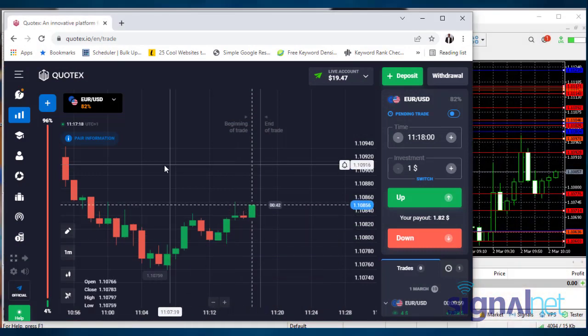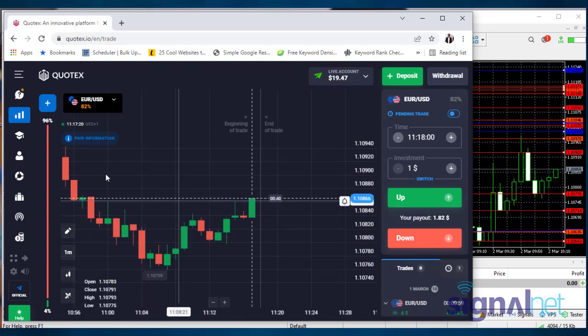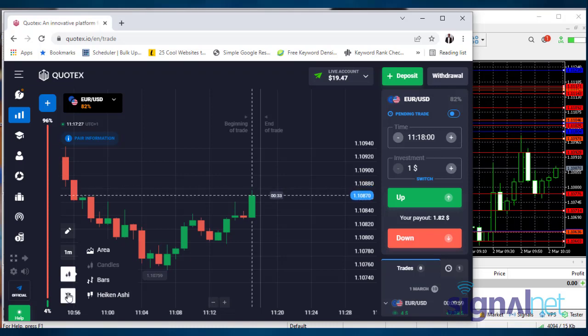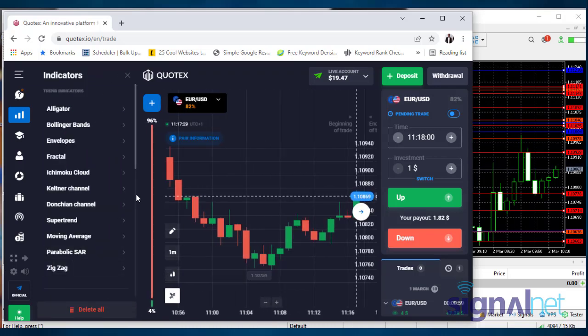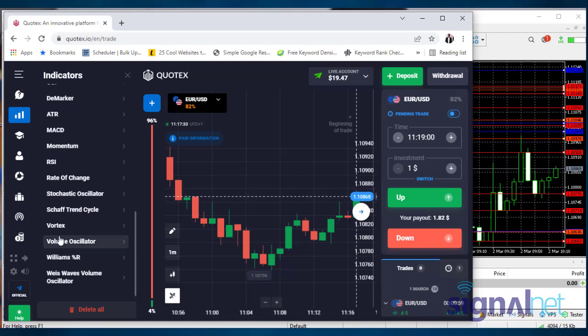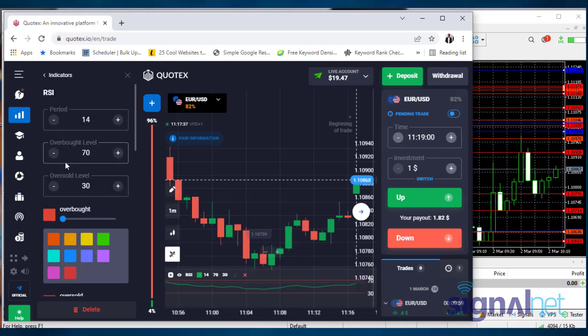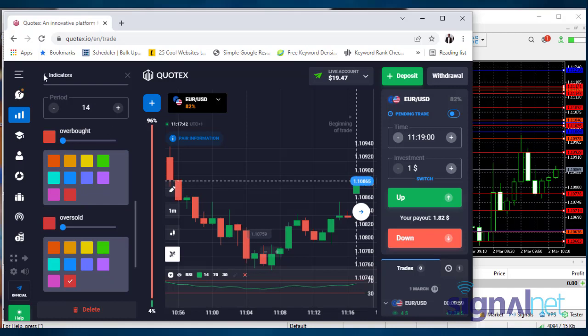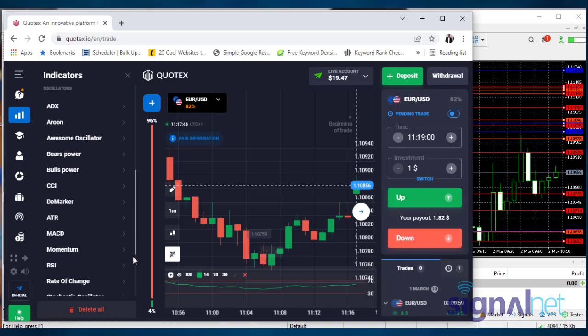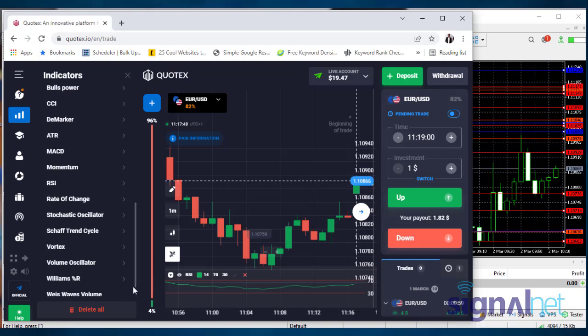So I come to my 1 minute chart and I put some indicators. Indicators I usually put: RSI, although you may not need it, but this just helps further in the decisions I make while trading. I put RSI and stochastic oscillator.